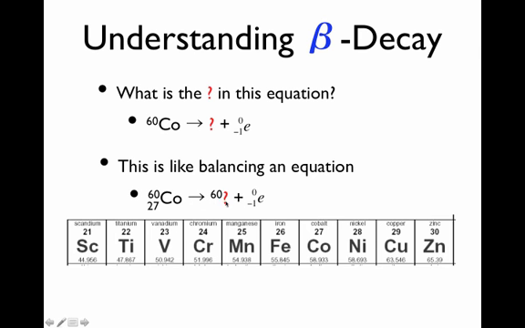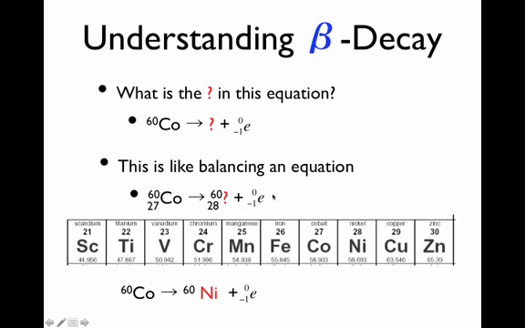What that means is this question mark has to have 28 positive charges, or 28 protons. And if you look up on the periodic table, the only element that has 28 protons is nickel. So we've now figured out the identity of this question mark. If you wait around long enough, cobalt-60 will decay into nickel-60 and it will spit out an electron.